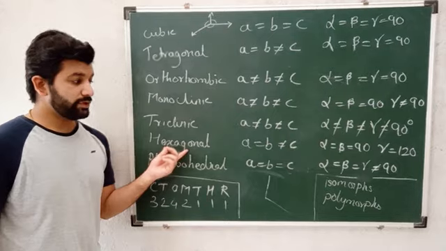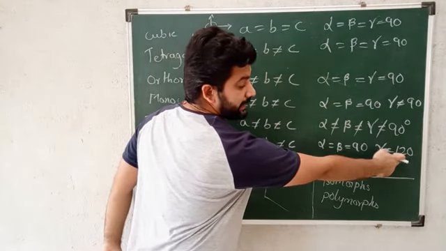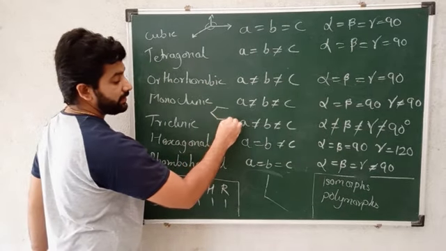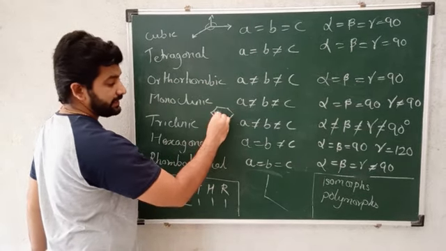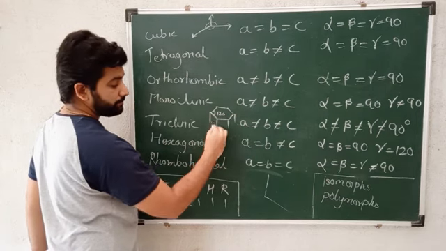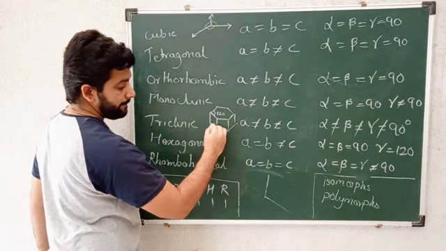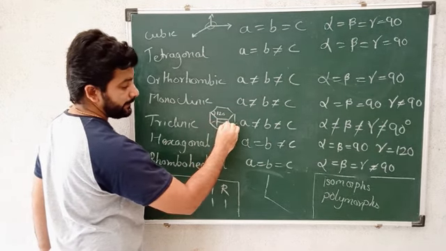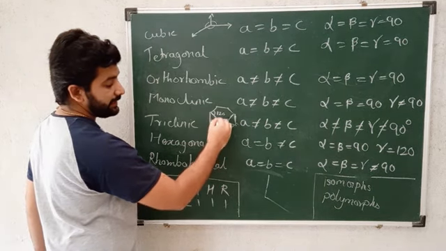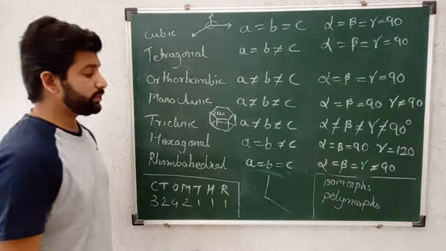Hexagonal is very important. Here gamma is 120. The angle between these 2 edges is 120, where in a hexagon we know this angle is 120, and when we draw the remaining hexagonal structure, here we can understand that the angle is 120 and the other angles are 90, meaning alpha and beta are at 90 to each other.